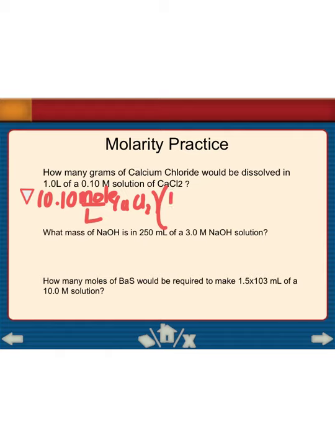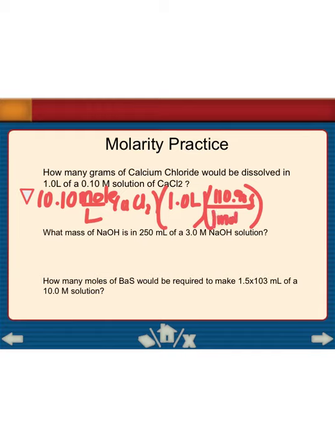We're making 1 liter of the solution, and the molar mass for calcium chloride is 110.98 grams per 1 mole.